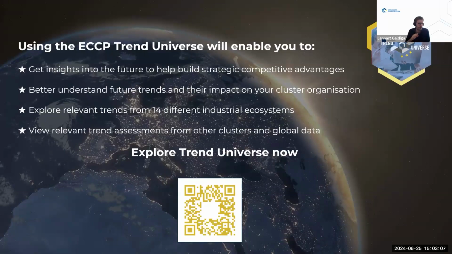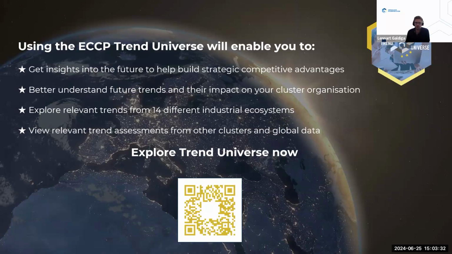And here below, there is the QR code, which you can use to get to the ECCP Trend Universe landing page. And why is this relevant? Well, because cluster managers are in a way also shapers of the future, one could say. So you're also intermediaries for different stakeholders, enterprises, research organizations, and so on.